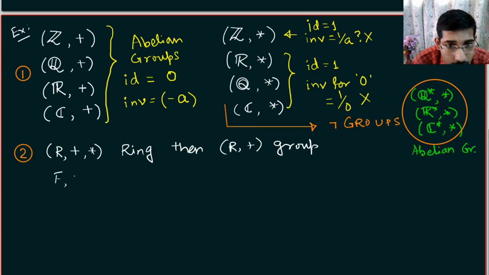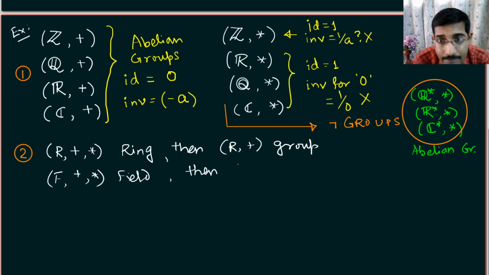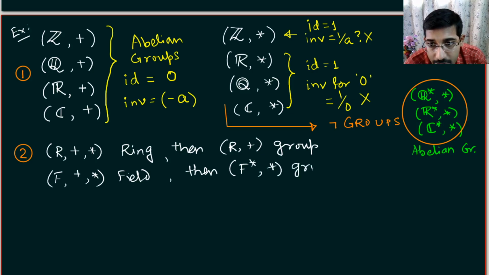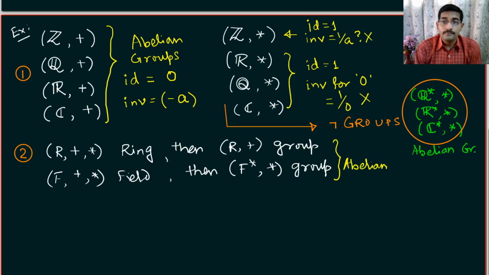If F plus star is a field, then the non-zero elements of F with the multiplication operation form a group. And if you look closely, all of them are abelian or commutative groups as well.